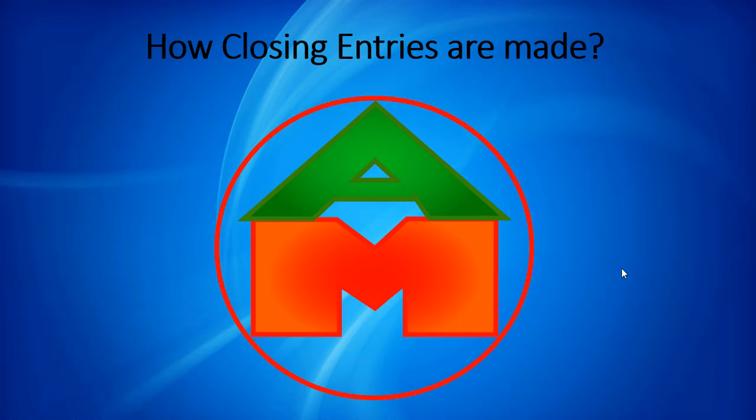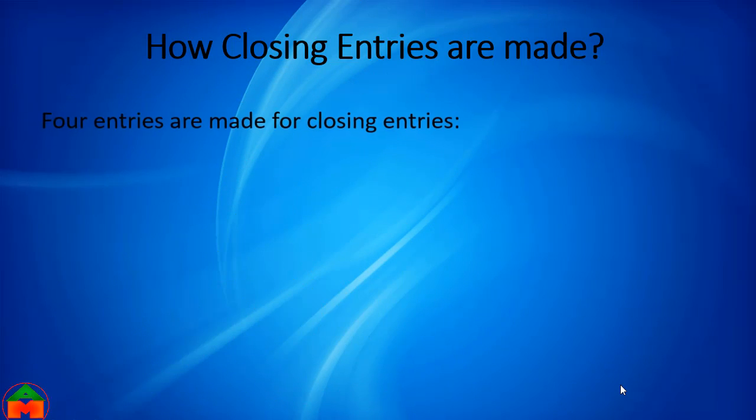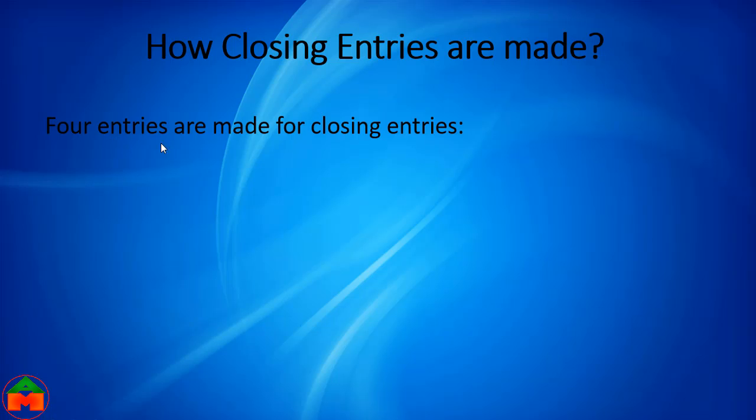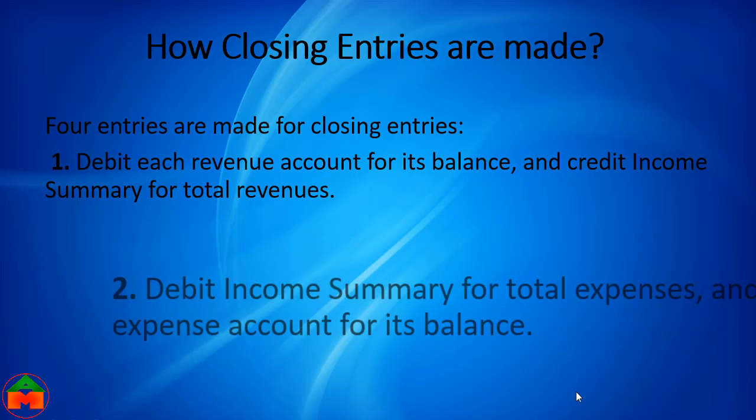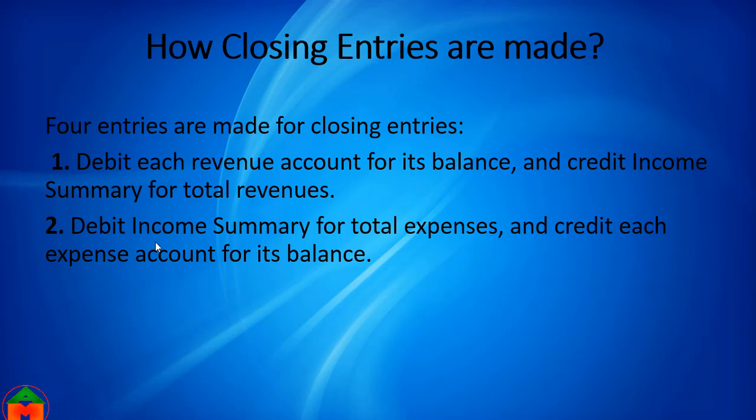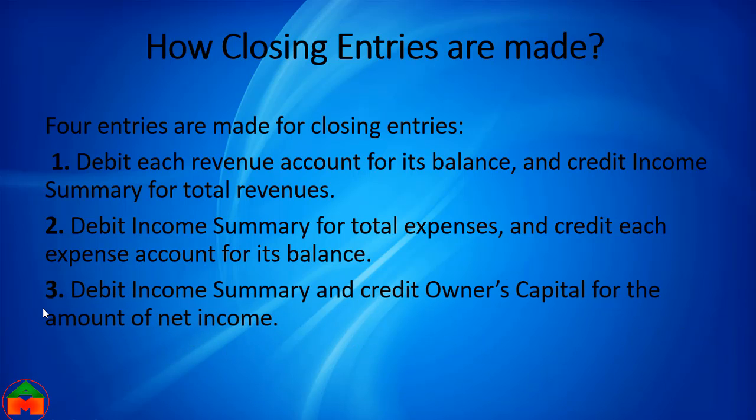How are closing entries made? Four entries are made. Number 1 is debit each revenue account for its balance and credit income summary for total revenues. Number 2 is debit income summary for total expenses and credit each expense account for its balance. 3.